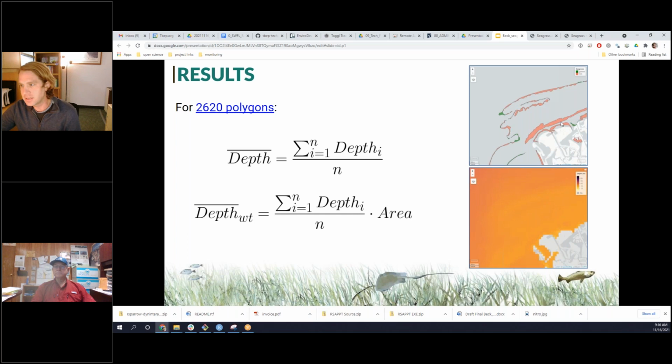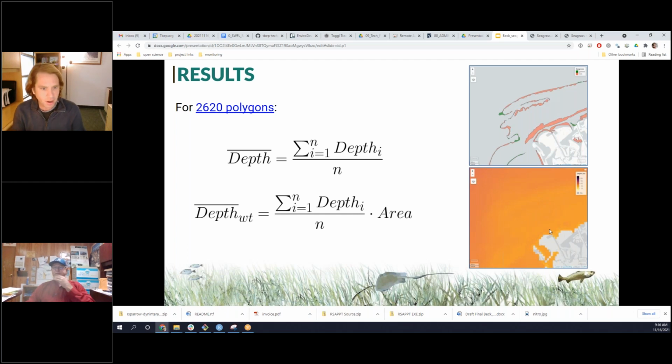So in this loss polygon here, I clipped out these pixels down here, took an average depth, and did the same for every single polygon, gained and lost, and then I can look at what was the average depth for all gained and all losses to see if there was a net shift towards more shallow waters.